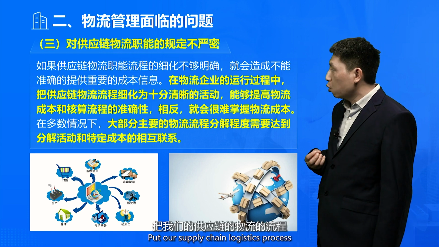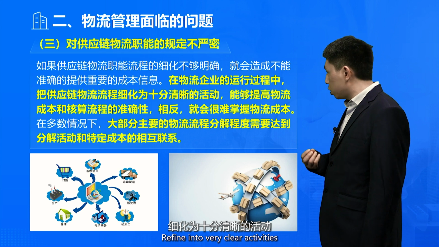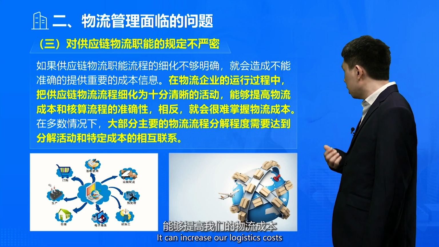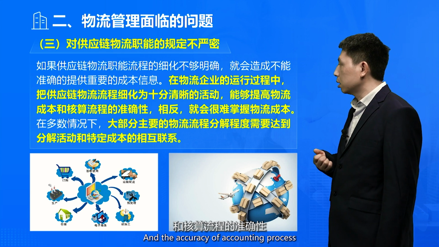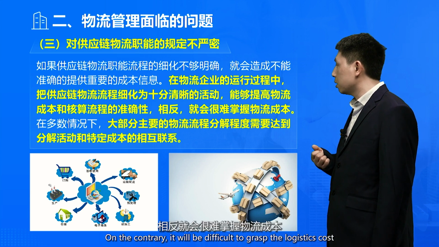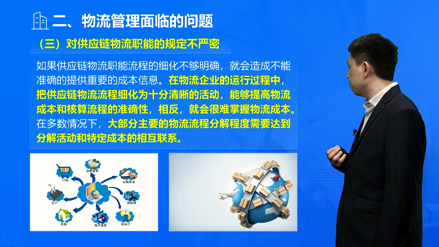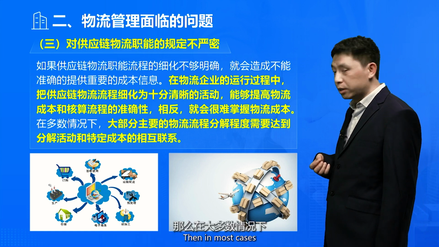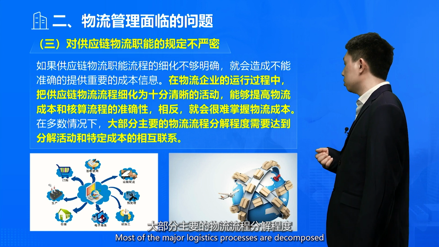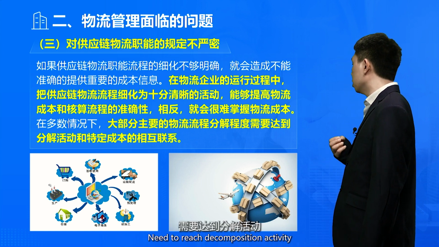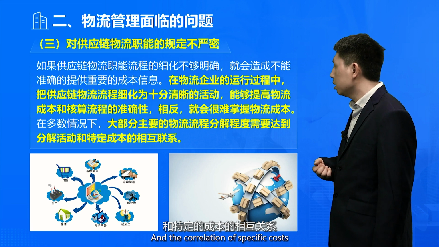If we refine our supply chain logistics process into very clear activities, it can increase our logistics costs and the accuracy of the accounting process. On the contrary, it will be difficult to grasp the logistics cost. Then in most cases, most of the major logistics processes are decomposed, and we need to reach the decomposition activity and the correlation of specific costs.